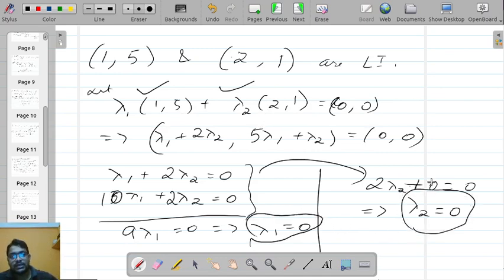That means these two are linearly independent. We cannot find scalars such that the linear combination of the vectors with those scalars evaluates to 0. That is not possible. So these two are linearly independent vectors.